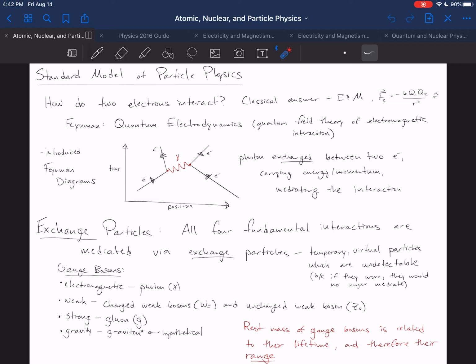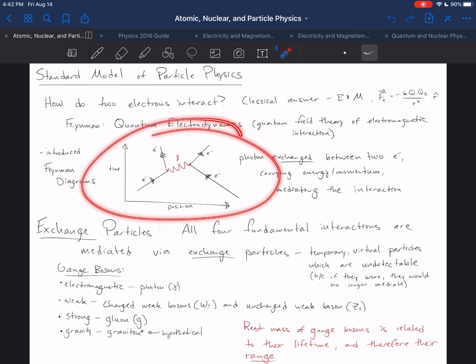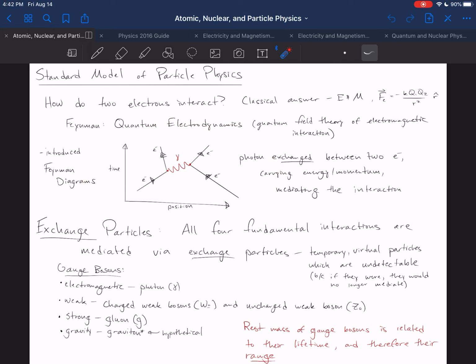Now, in the full theory, this pictorial representation can be used to predict probabilities of scattering or certain interactions, and so there's a deep tie to the diagram in the mathematics of the theory that we aren't going to discuss at all.